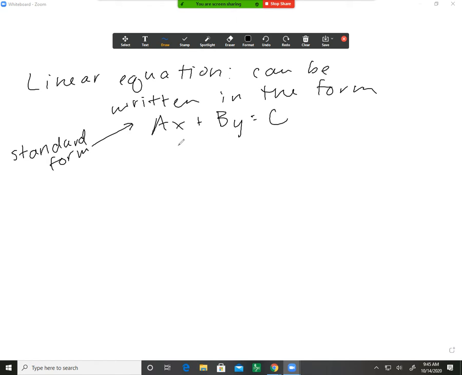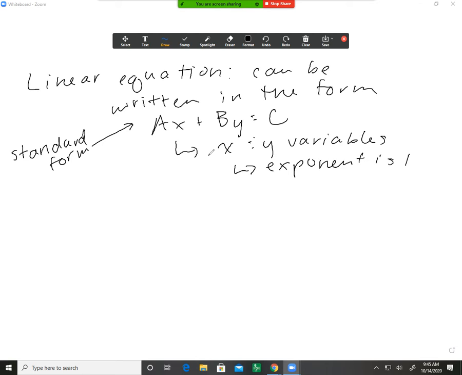So in this form, there are a few things about linear equations. Our variables are x and y. On these variables, our exponent is 1. It is always 1. You're not going to have a y to the second power, or an x to the second, a third, a fourth, a fifth.